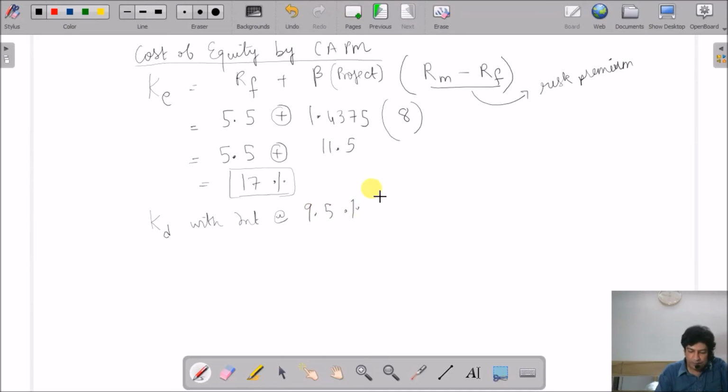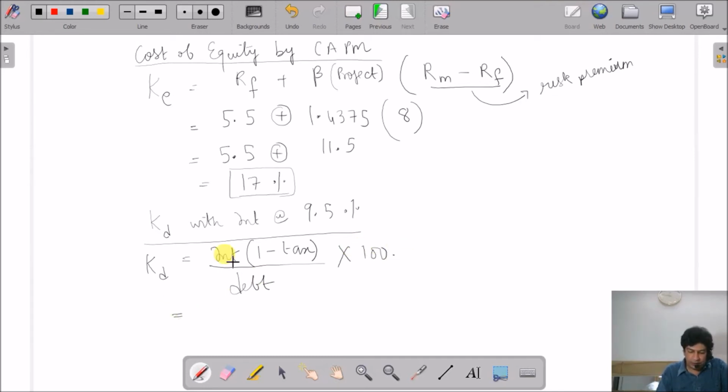So this can be termed as that I have taken a bank loan. So the cost is interest, and on that interest there will be 1 minus tax, the tax savings, divided by the debt, and then we are going to multiply by 100.